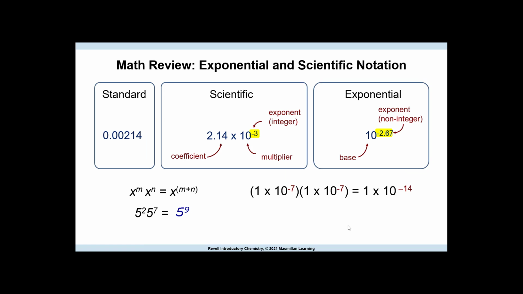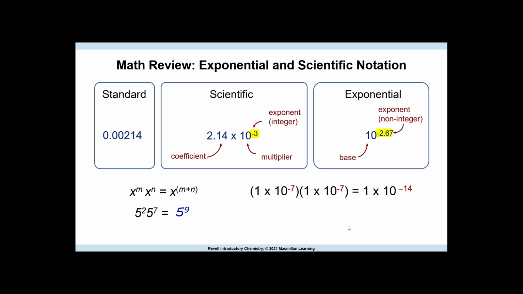So the concentrations of the protons and the hydroxide ions are expressed in scientific or exponential notation. We're going to use these notations quite a bit in the coming sections, so a quick review might be helpful. Let's express a number such as 0.00214, which is in standard notation, in scientific notation.